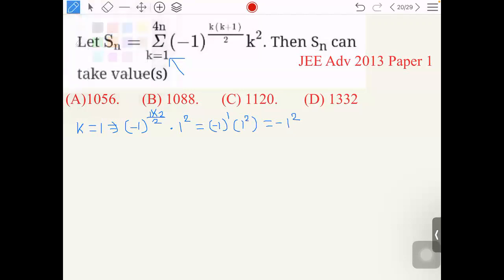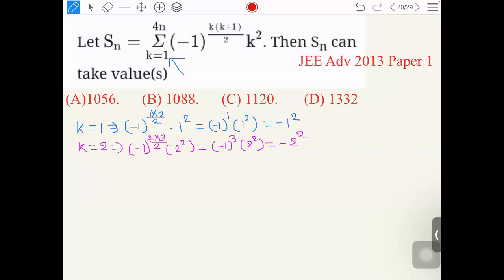Now you put k equal to 2. Then you get minus 1 to the power 2 into 3 by 2 into 2 square, or minus 1 to the power 3 into 2 square, so you will get minus 2 square.